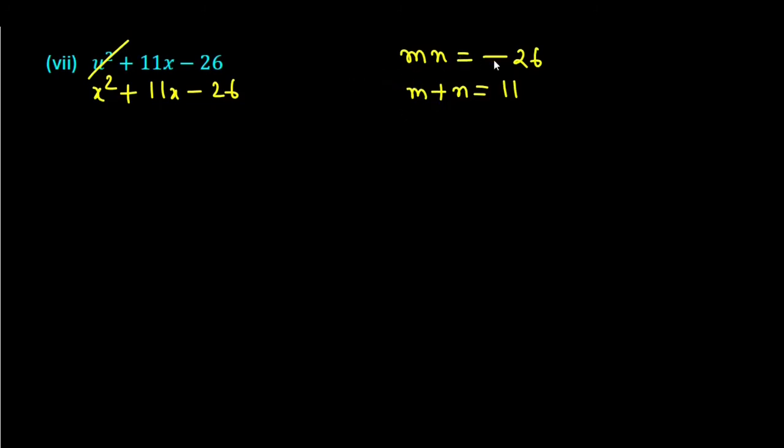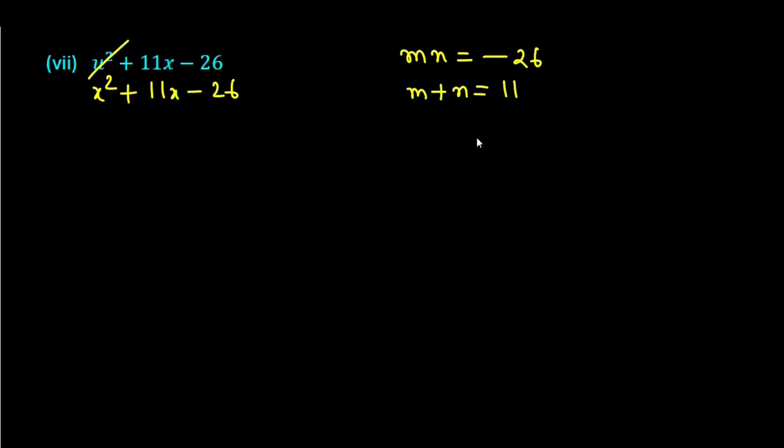Here we have a negative number minus 26. We have to find the factors of minus 26. One factor should be negative and another factor should be positive. The difference of the absolute values should be equal to 11.